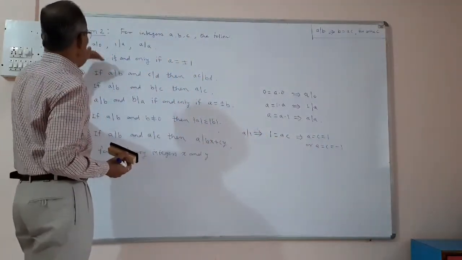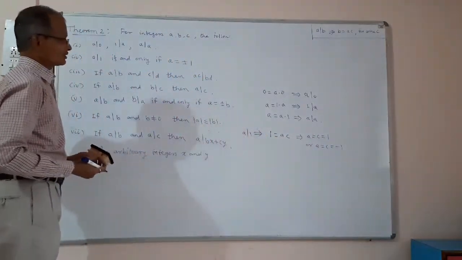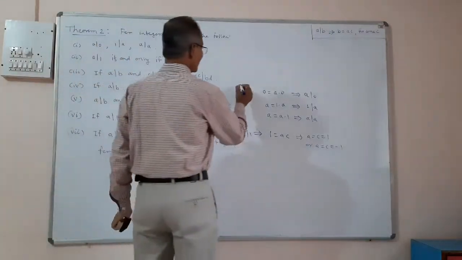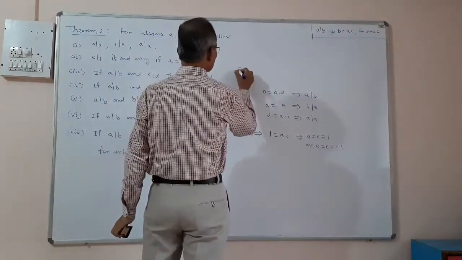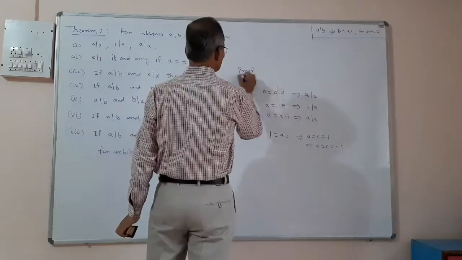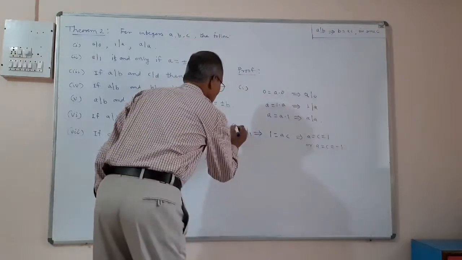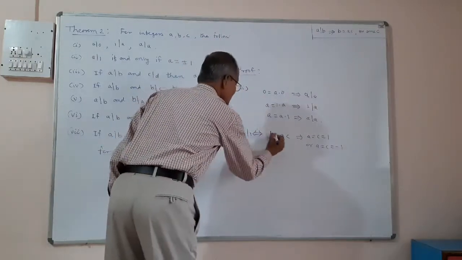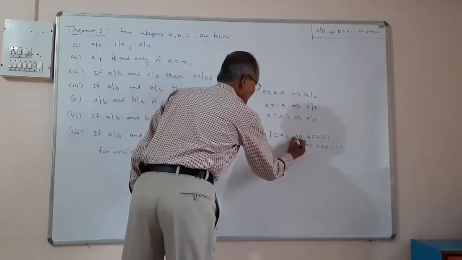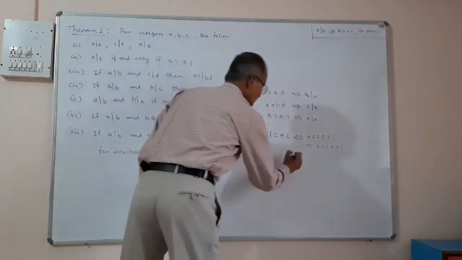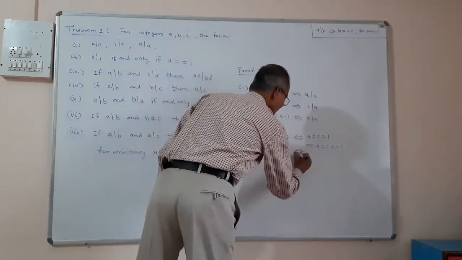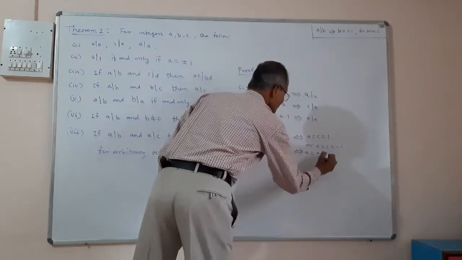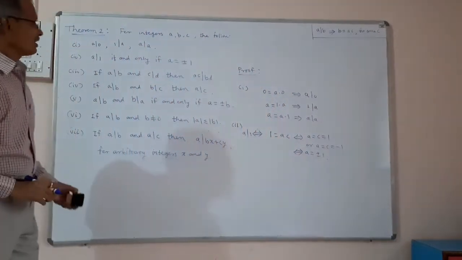So the first two are simple, following from the definition, or we may consider this as proof for the first and proof for the second. So this is two-way. So thus this implies and is implied by A is equal to plus or minus 1 by the definition.